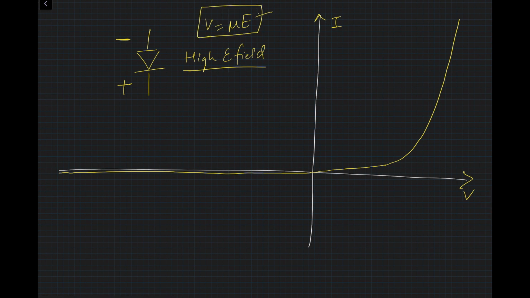So if the electric field is really high, where mu is the mobility, the velocity of the electrons will increase substantially, and under this condition they will start bumping into the atoms, and they will start breaking more bonds, and then there will be more carriers. So all this action happens like an avalanche.